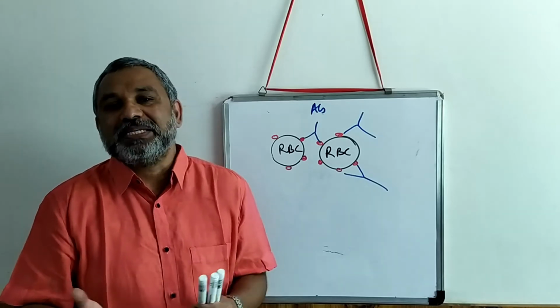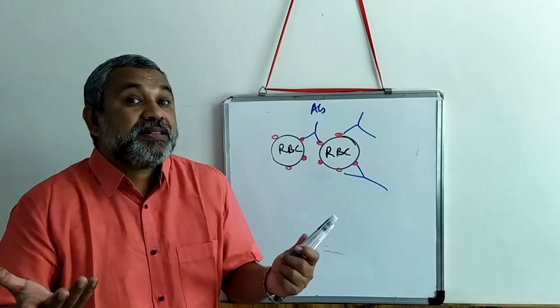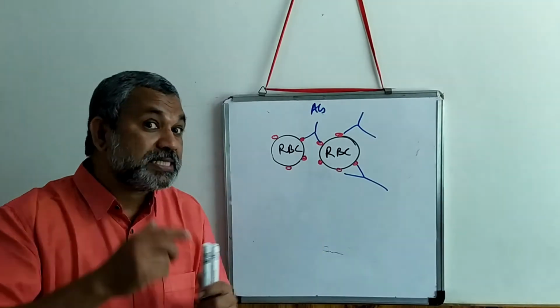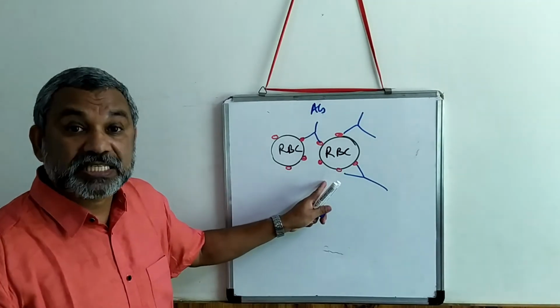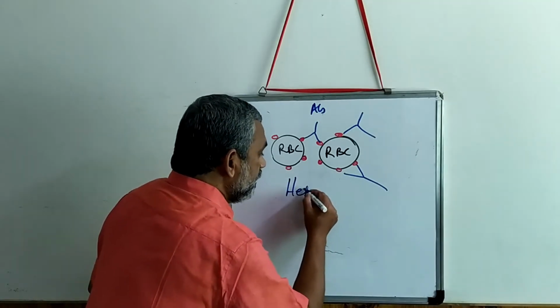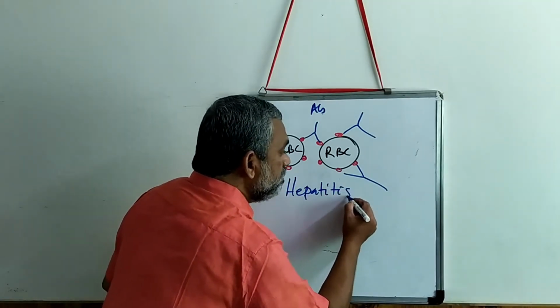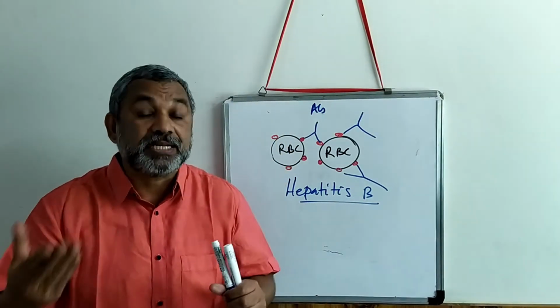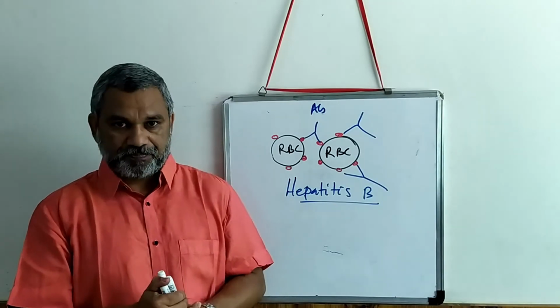A classic example of passive agglutination is carried out for hepatitis B. So the passive agglutination test is carried out in order to detect hepatitis B antigens.